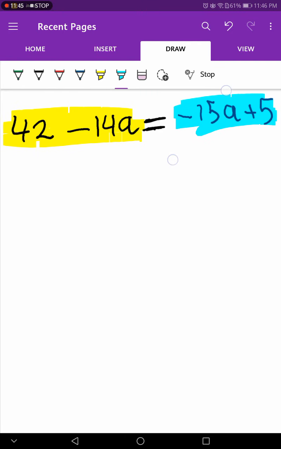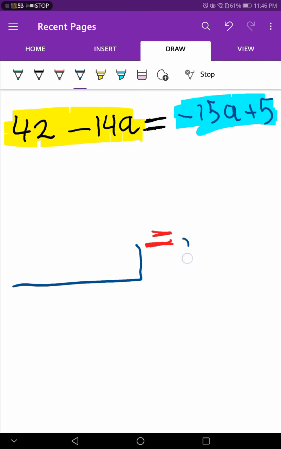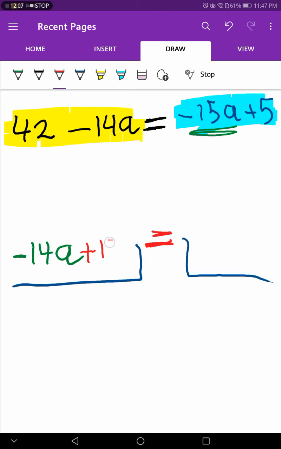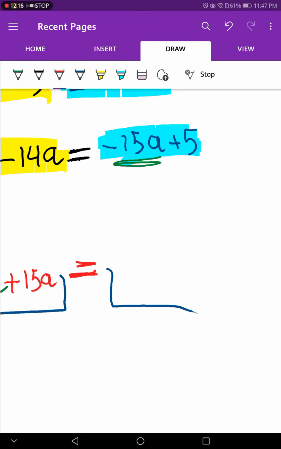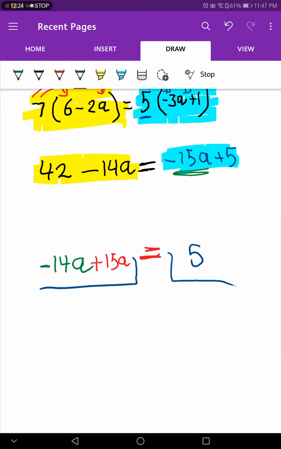Okay, let us start. I will draw my border. This is the left and this is the right. In the left I already have negative 14a, and I will bring this, it is plus 15a, and in the right I already have 5, or plus 5, whatever, and I will bring the number from the left side, which is 42.